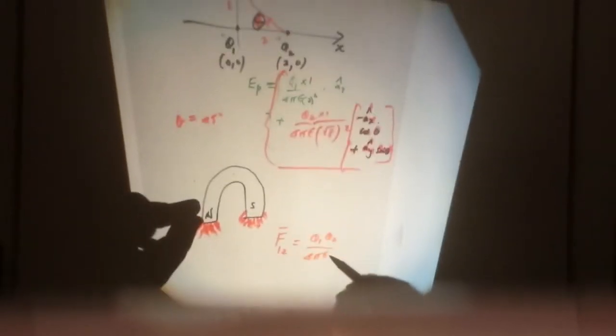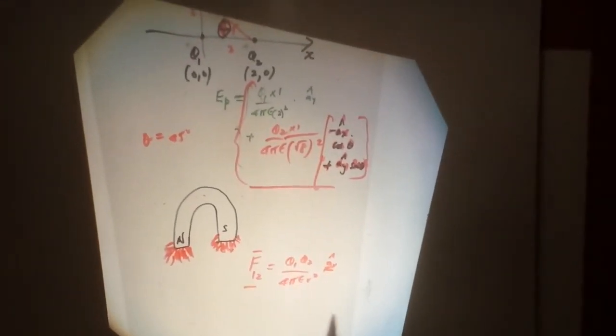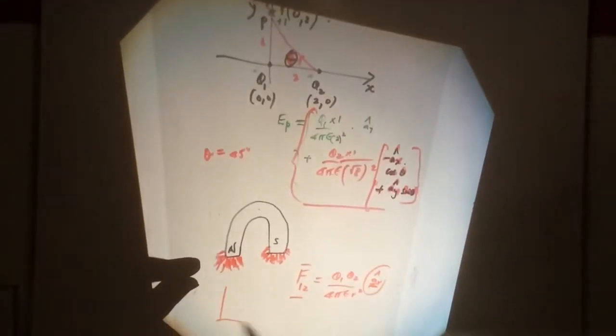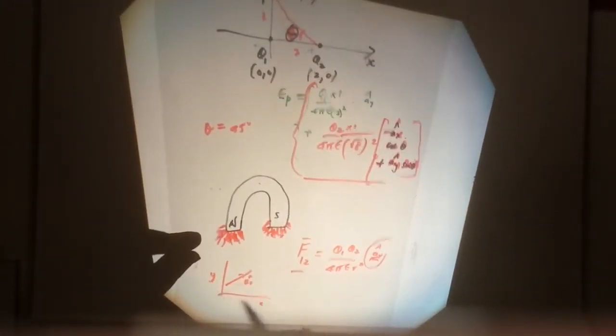4 pi epsilon r squared, unit vector along r in the sense. This is what is to be written for the unit. You want the vector. Of course, that a_r you already have down here. So unit vector a_r, this is x axis, y axis.